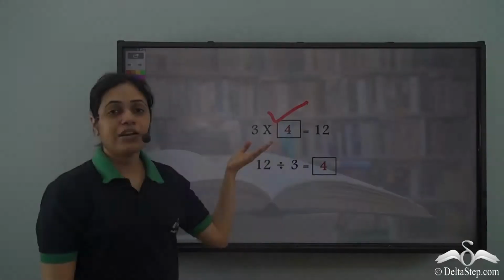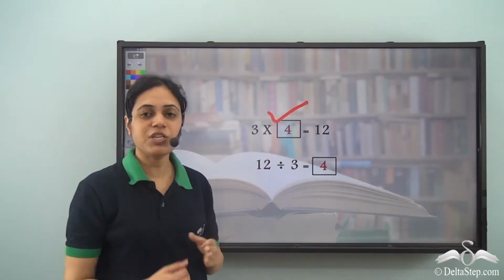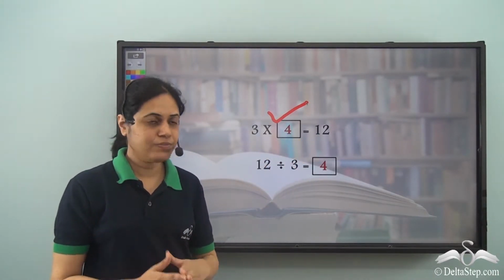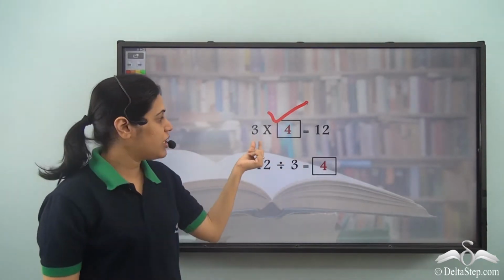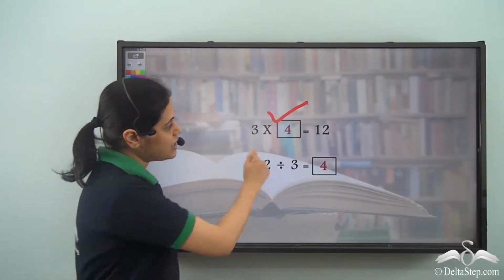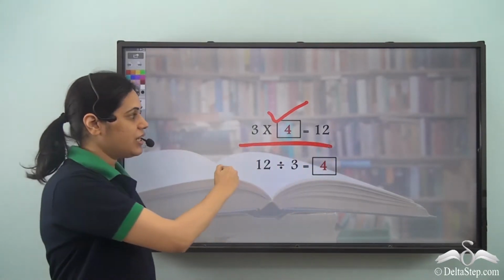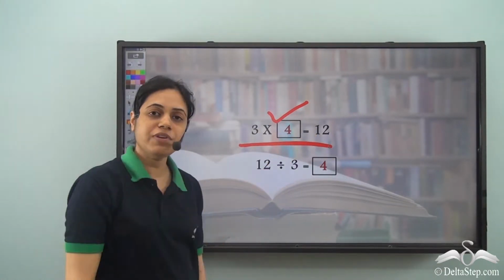So there is a number which multiplied with 3 gives me 12. 3 can be multiplied with another number, that is 4, to give me 12.